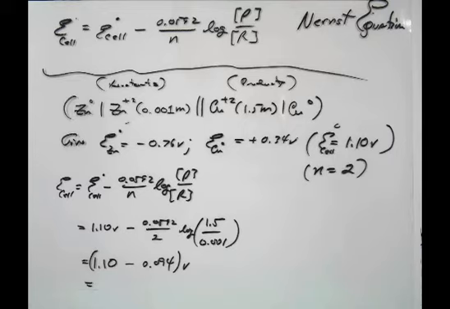Hit the log button. Times 0.0592 divided by 2 equals 0.094. Okay.